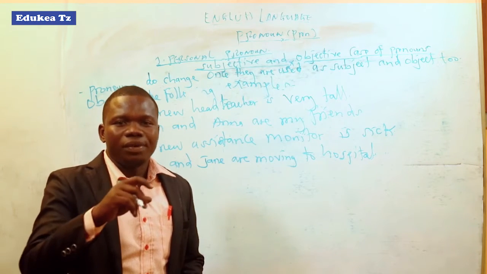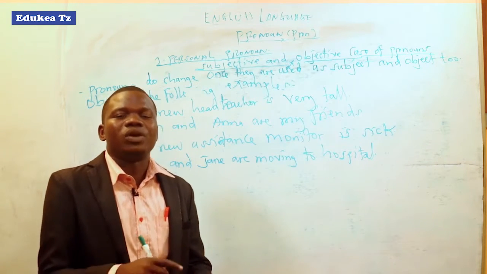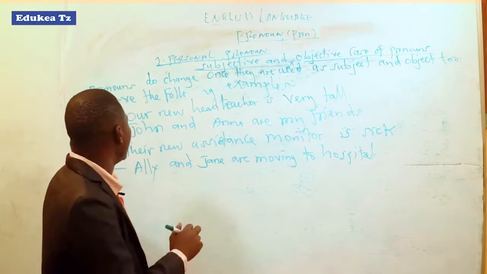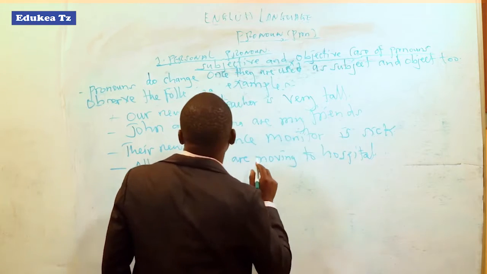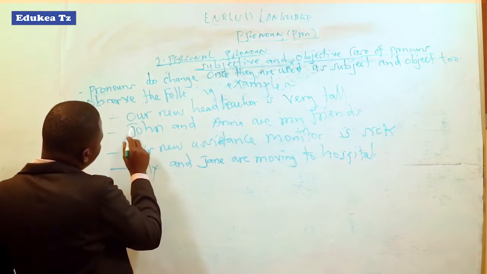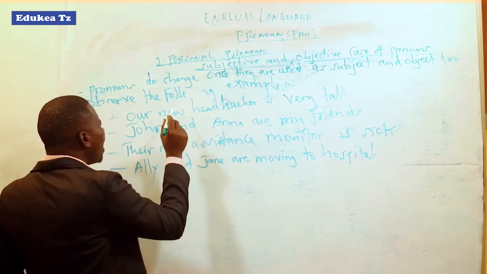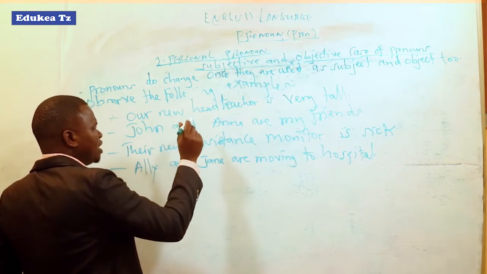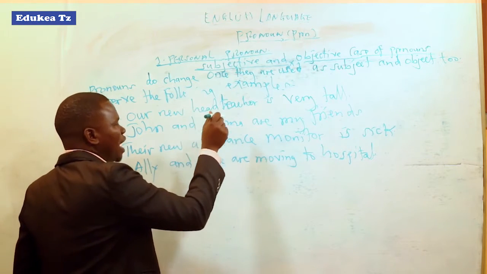The position where a verb begins is where our subject ends. For example, our new head teacher is very tall. We may observe in this sentence that where our verb is placed is where our subject ends.